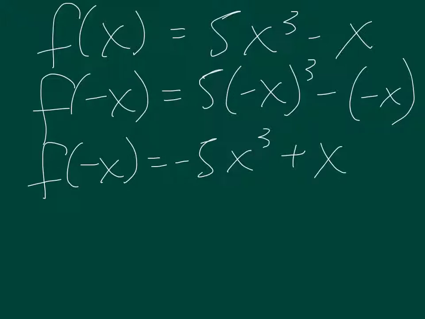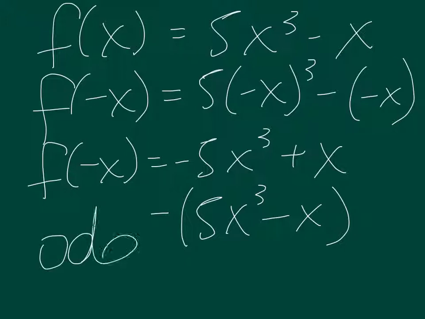Since this obviously isn't the same as this, let's see if we can take out a negative from both sides. If we took out a negative, this would become 5x cubed, and this would become minus x. So, since we can take out an entire negative from this whole thing and have this be the same as this, we know that this function is odd.